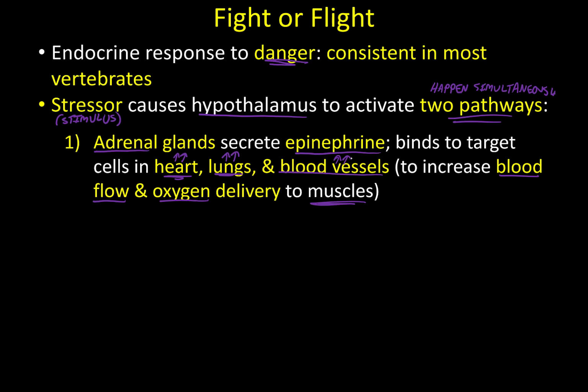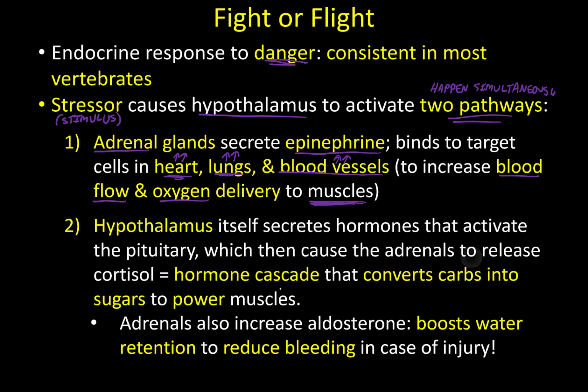This is to prep the body to either fight or to flee, depending on what the central nervous system decides to do. No matter which of these the central nervous system chooses, the body's going to have to respond physically, which means the muscles have to be primed. Now, at the same time this is happening, the hypothalamus itself is going to secrete hormones that are going to activate the pituitary. So the hypothalamus will use its own hormones to activate the pituitary.